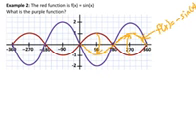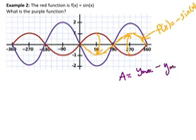But notice the purple one's not quite a perfect reflection. It's a reflection, but then it's also stretched out. Instead of going down to just -1 and up to +1, it goes down to -2 and up to +2. So you can see the amplitude has been stretched by a factor of 2. Or another way to think about it is amplitude is y max minus y min over 2.